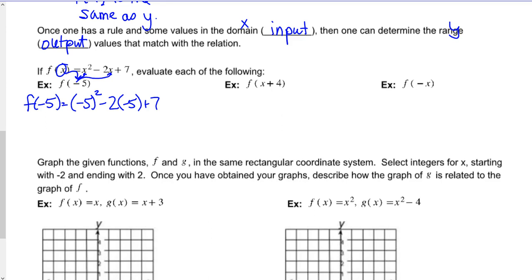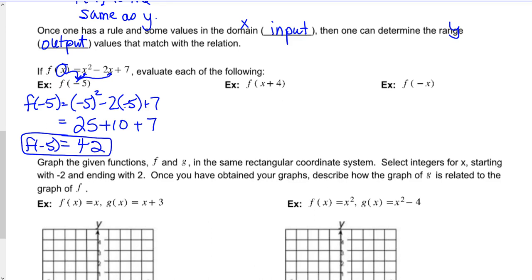So obviously I have a square, so I'm going to take care of that first. -5 squared is 25. -2, well, we could rewrite this, but the next thing that's going to happen is this multiply. -2 times a -5 is a +10, and then I'm going to add 7. So I'm going to run that through as 25 plus 10 plus 7, which gives me 42. Therefore, f of -5 equals 42.